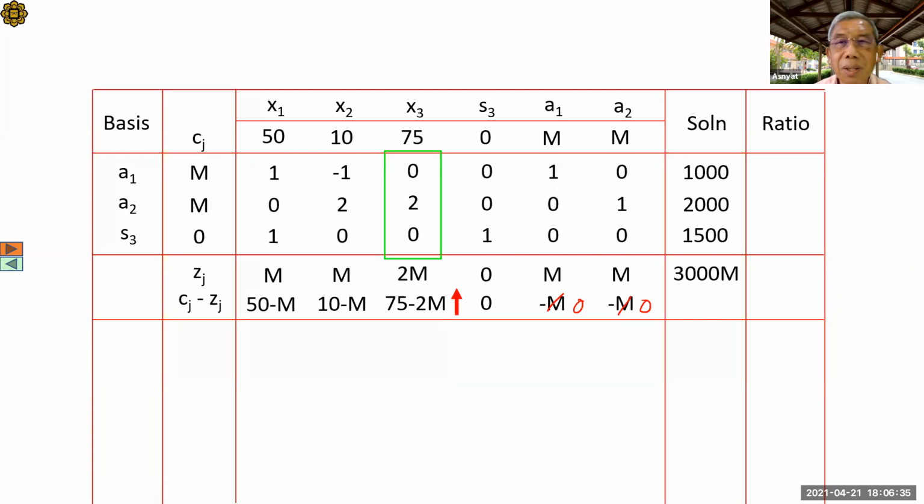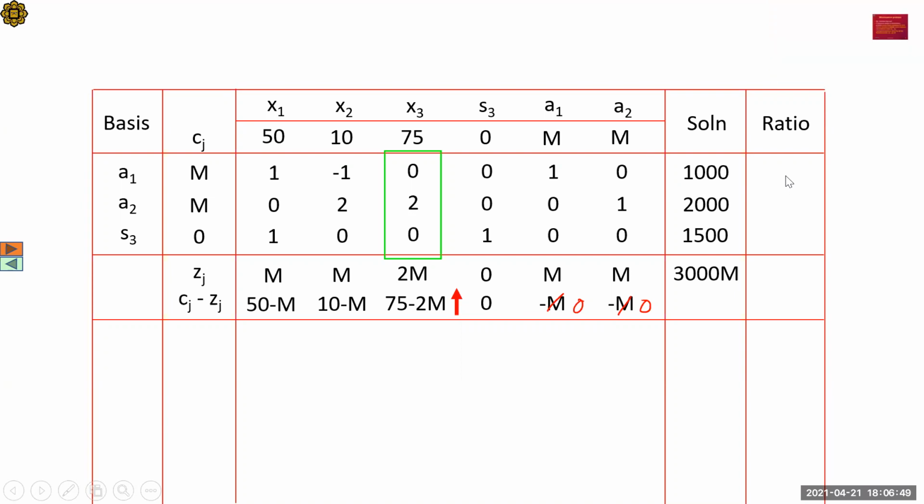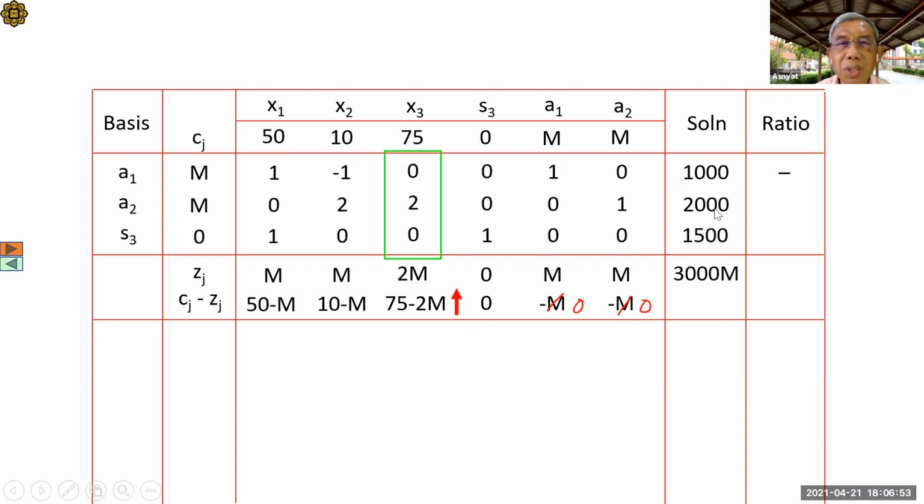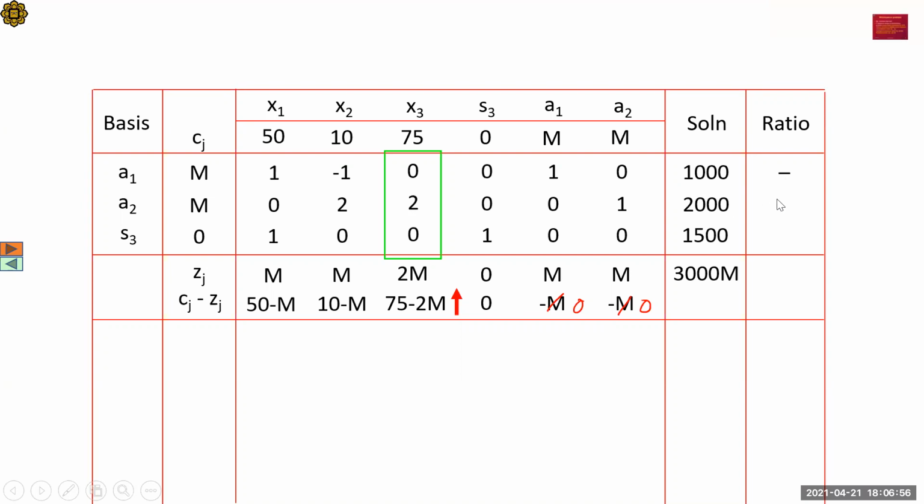Then the pivot row. You want to determine the ratio. How to find the ratio? 1000 divided by 0 is undefined. 2000 divided by 2 is 1000.